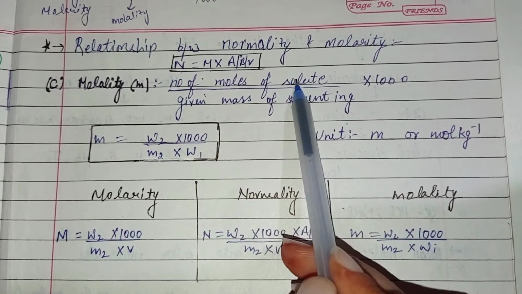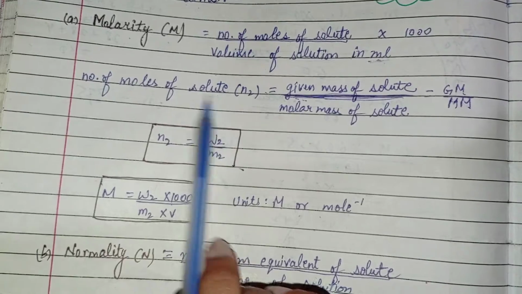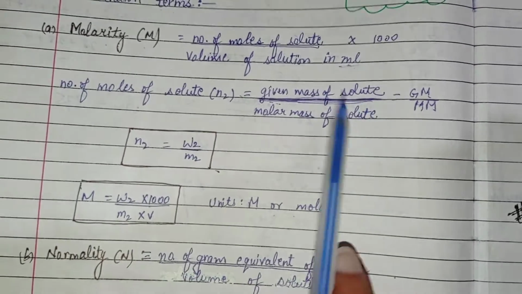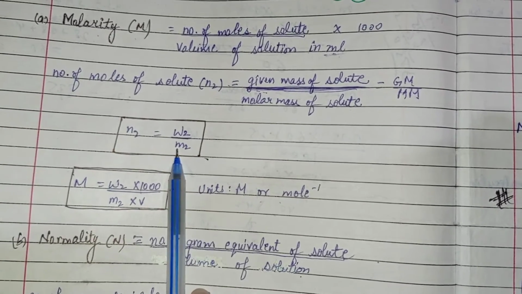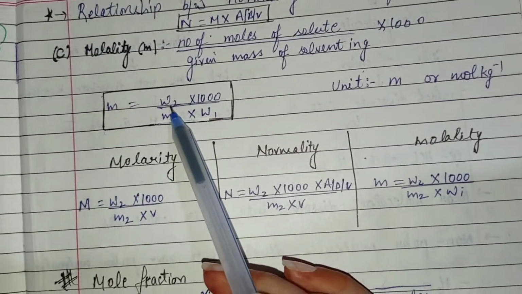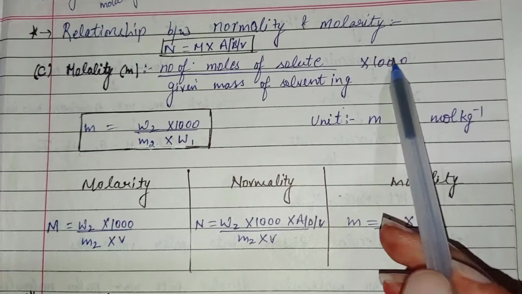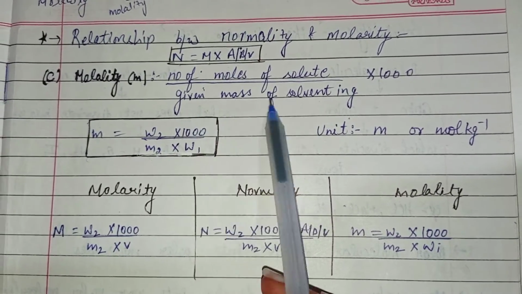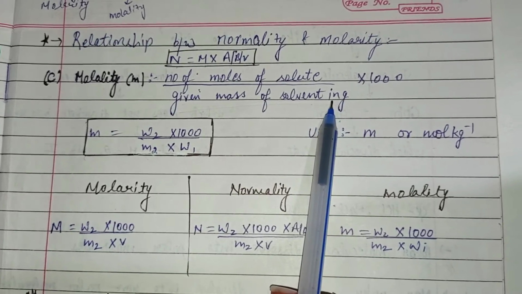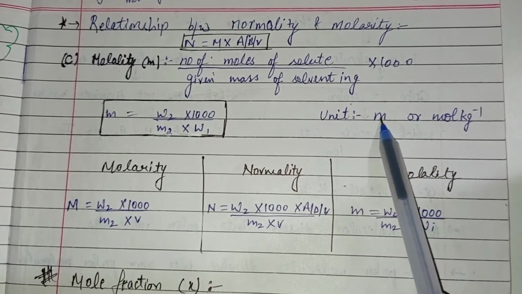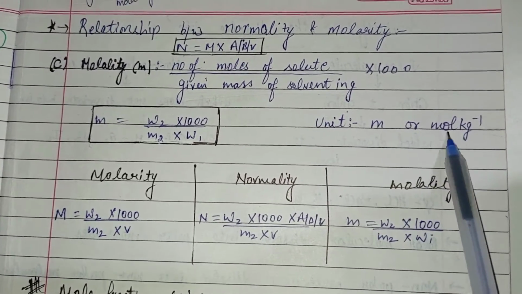Number of moles of solute, as we already found, is given mass of solute upon molar mass of solute, W2 upon M2. So W2 upon M2 into 1000 upon given mass of solvent in grams. Okay, now the unit is small m or mole per kg.